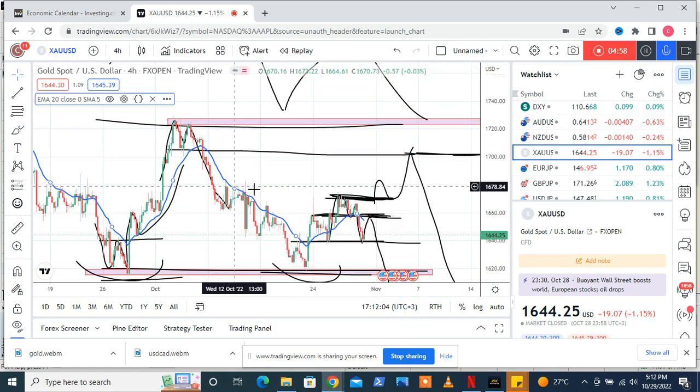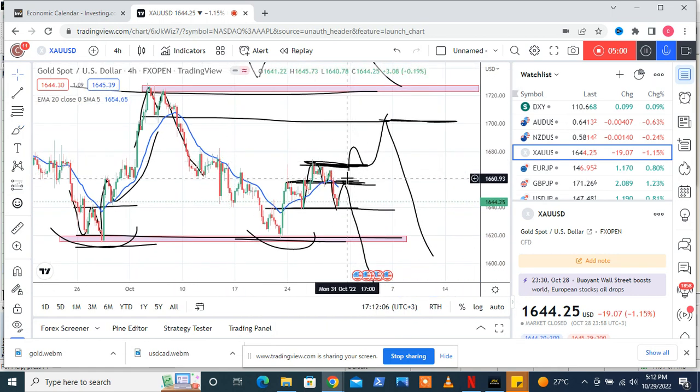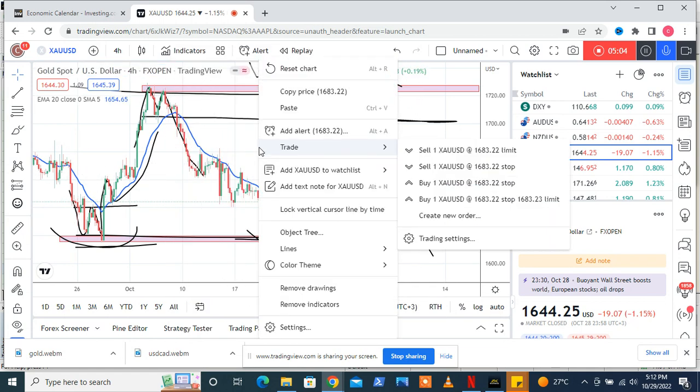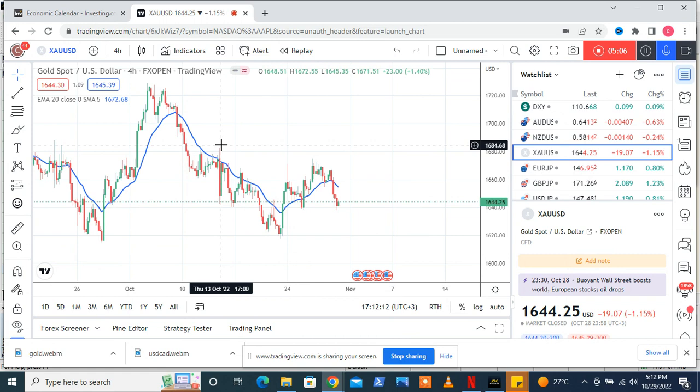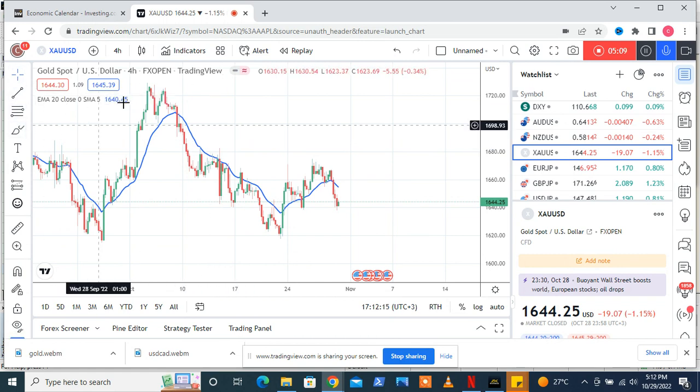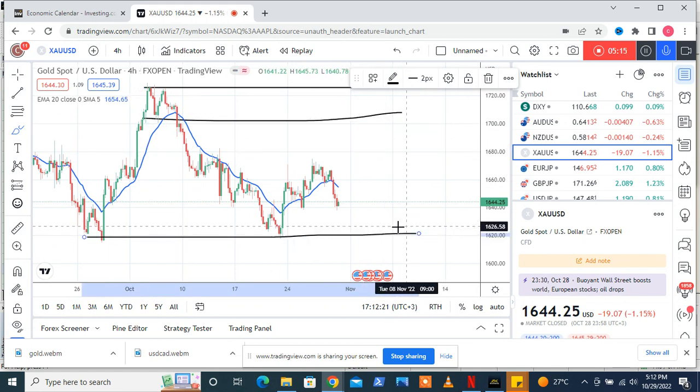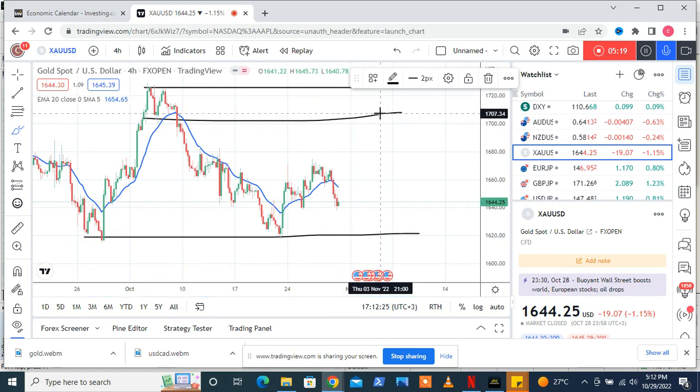So for now, this week, I will not do anything on this market because I don't like that kind of setup, but it is what it is. I'd rather wait for it to come here, retest here, so that I can sell.